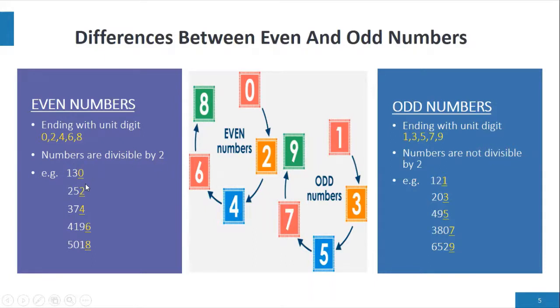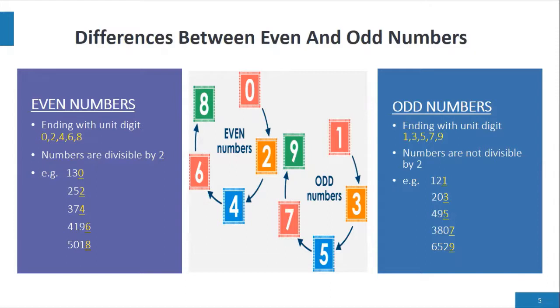Now have a look at the unit values of all these numbers given as examples. 130, 0 is the unit value, so this is an even number. 252 is an even number because 2 is the unit value. 374 has 4 as a unit value, so this is an even number. 4196, 6 is the unit value, which is an even number.